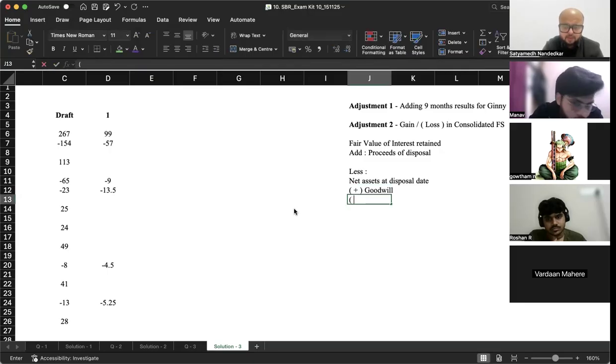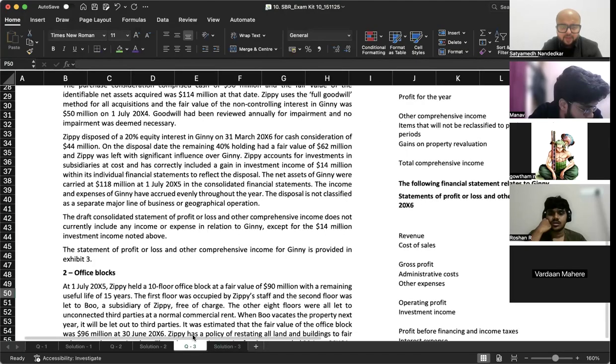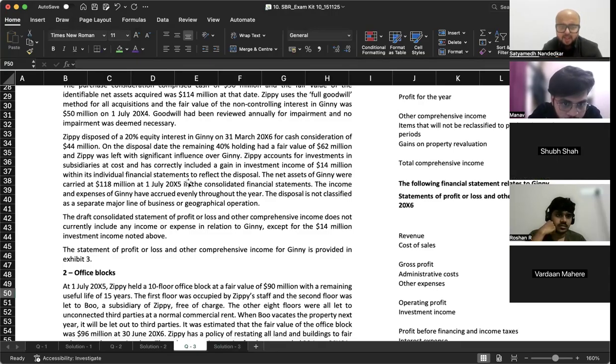Goodwill, plus, minus NCI at disposal date. How can we get net assets at disposal? They have given it directly at 118, but that is on 1st of July 2005, while disposal happened on 31st of March 2006.